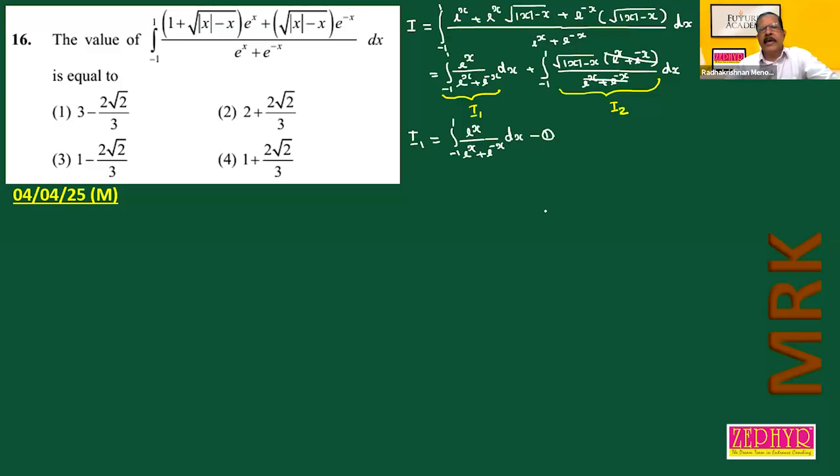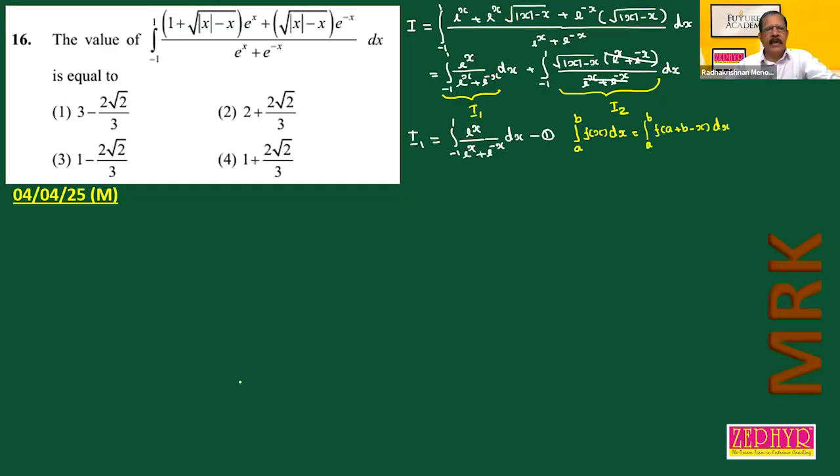I am using the property integral a to b f of x dx equal to integral a to b f of a plus b minus x dx.